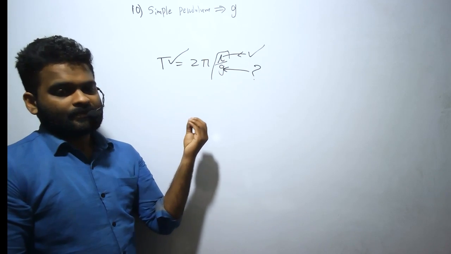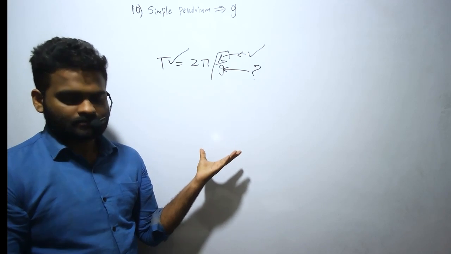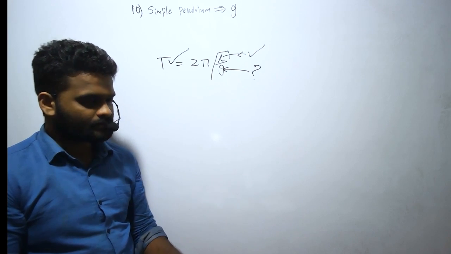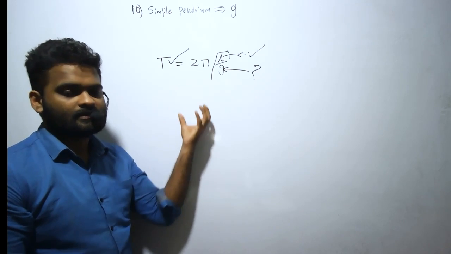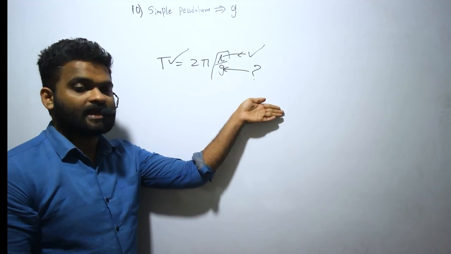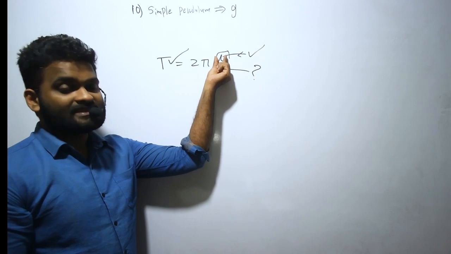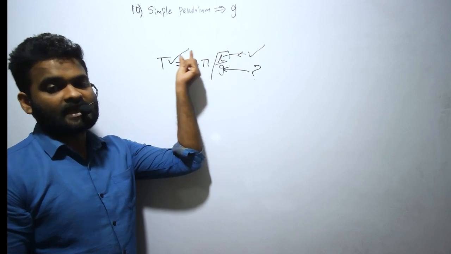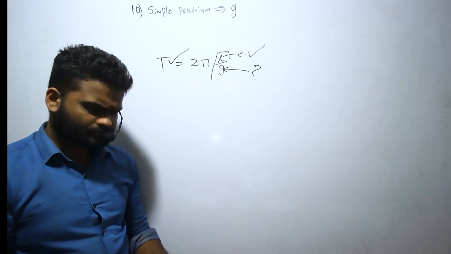But we are using a graphical method. Why is that? Why do we have to do this same thing? We have to take like 6 readings, right? Then you have to get 6 different values for L and 6 different values for time in order to draw a graph.